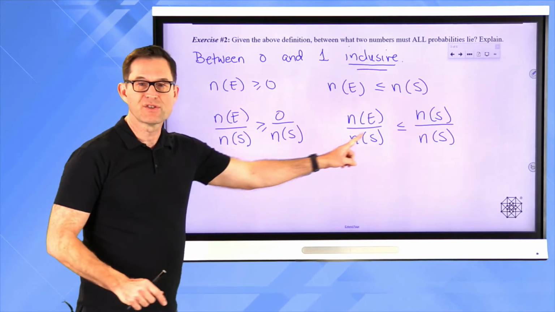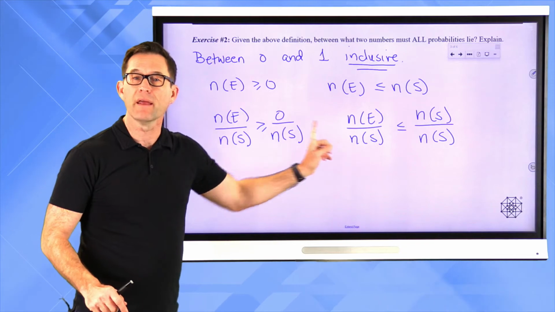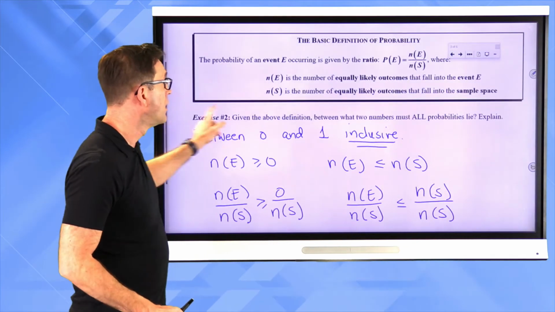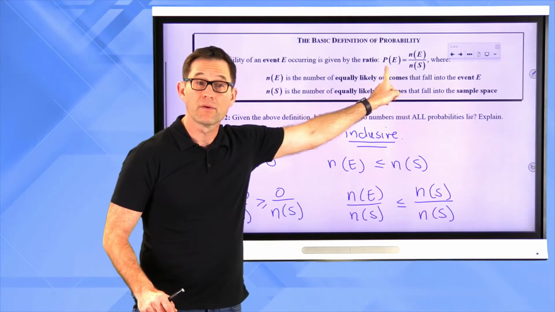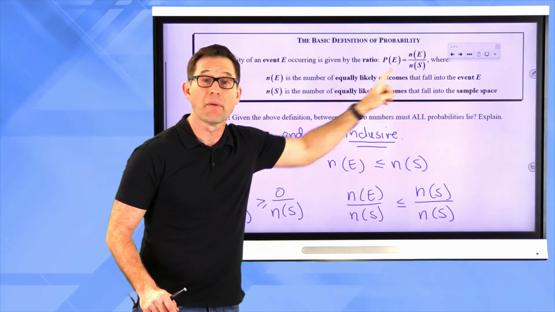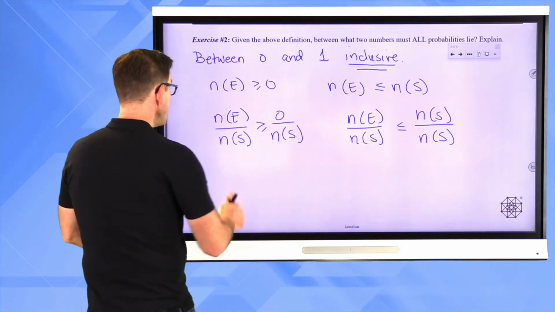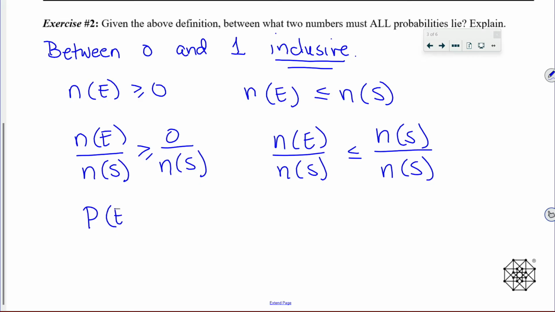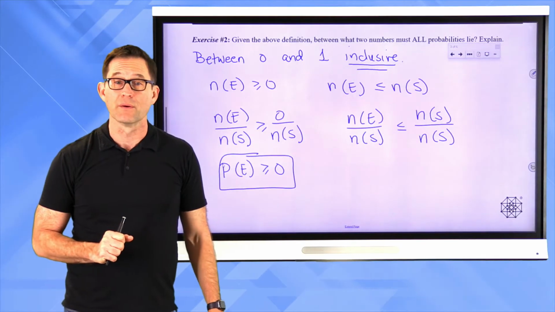But both of these two things on the left-hand side is the definition of the probability of E. Right? The probability of E is N of E divided by N of S. So the probability of E, 0 divided by anything, is 0, except for 0 divided by 0. So the probability of E must be greater than or equal to 0.